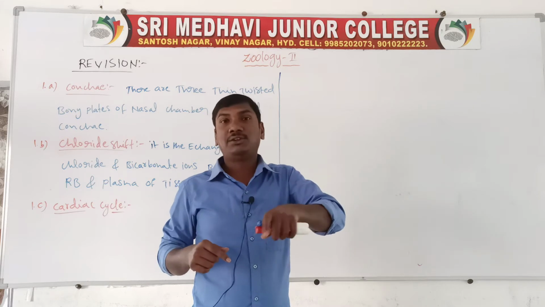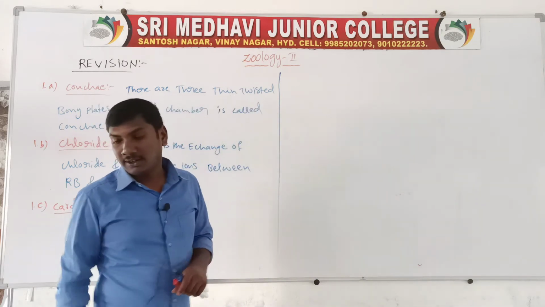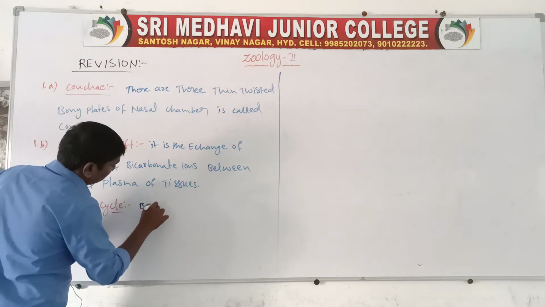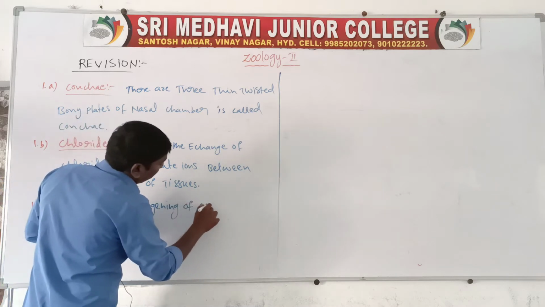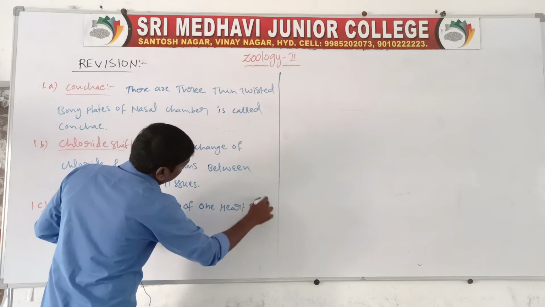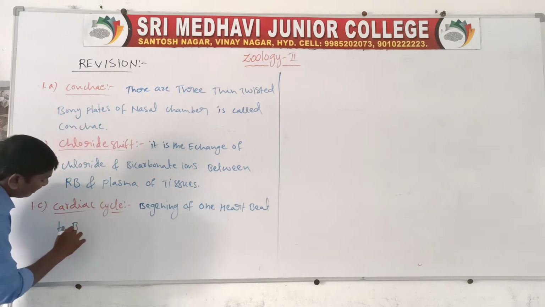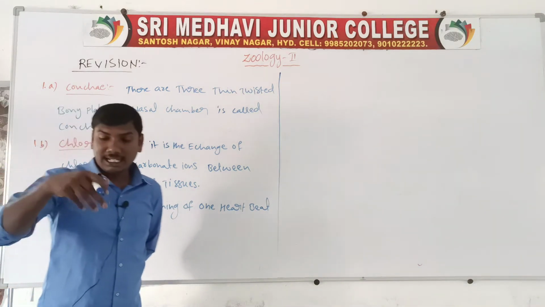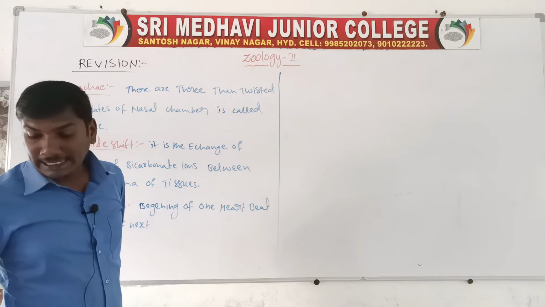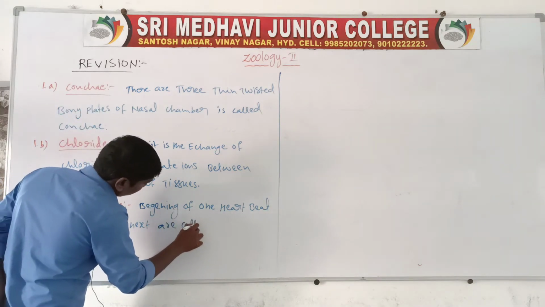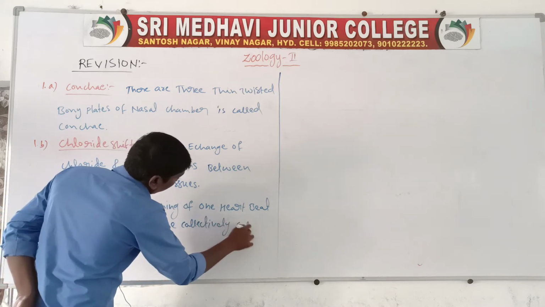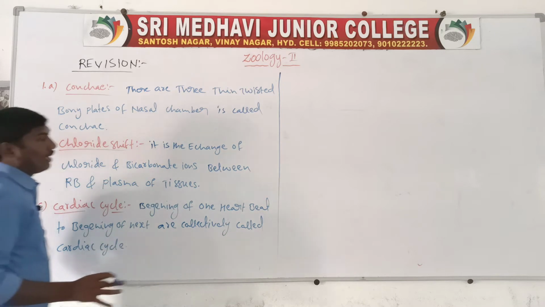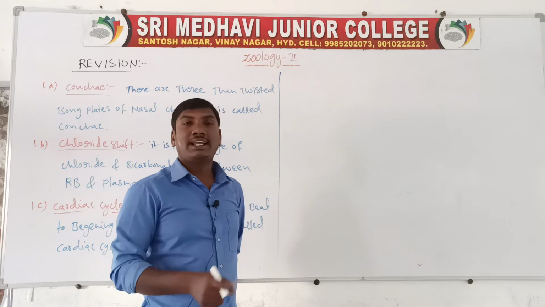The beginning of one heartbeat to the beginning of the next is collectively called the cardiac cycle.